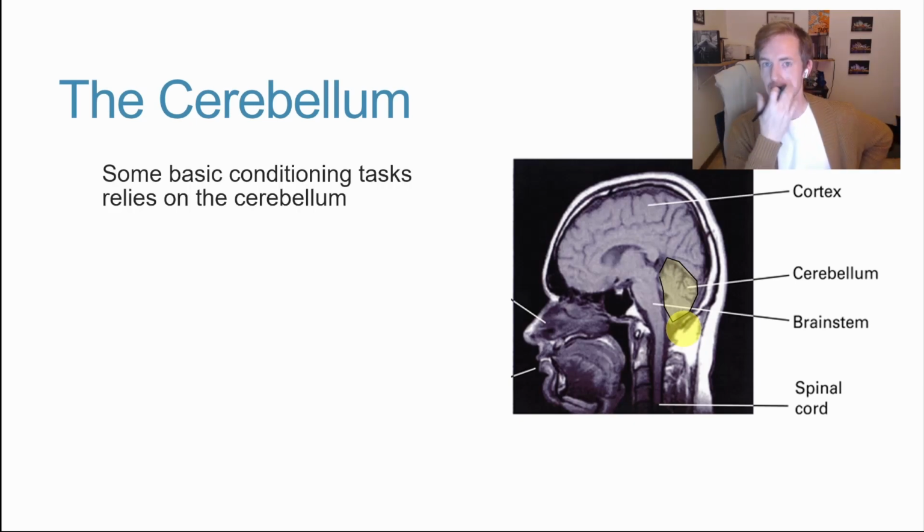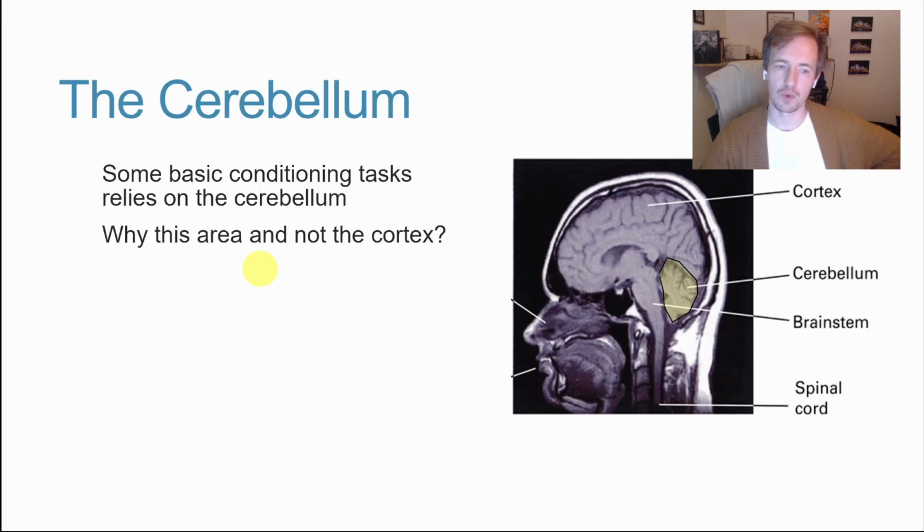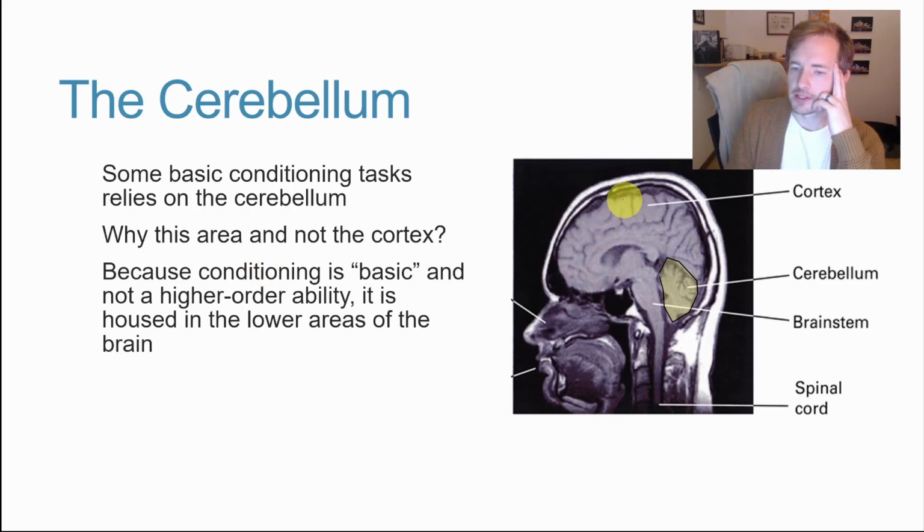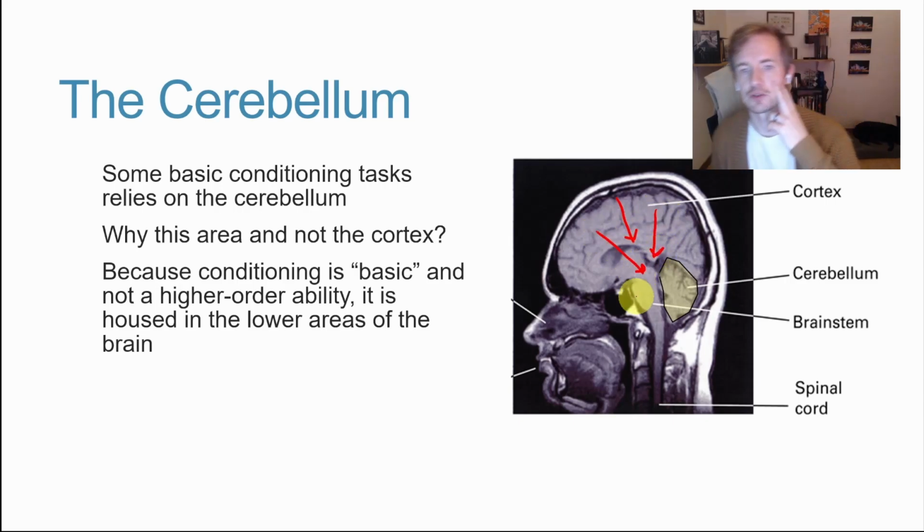That's where we're starting when we're talking about specific structures of the brain. For the cerebellum, some basic conditioning tasks are going to rely on it, and this area is considered very basic. As you may know, the deeper you get in the brain, the more primitive and survival-based a lot of those structures are.